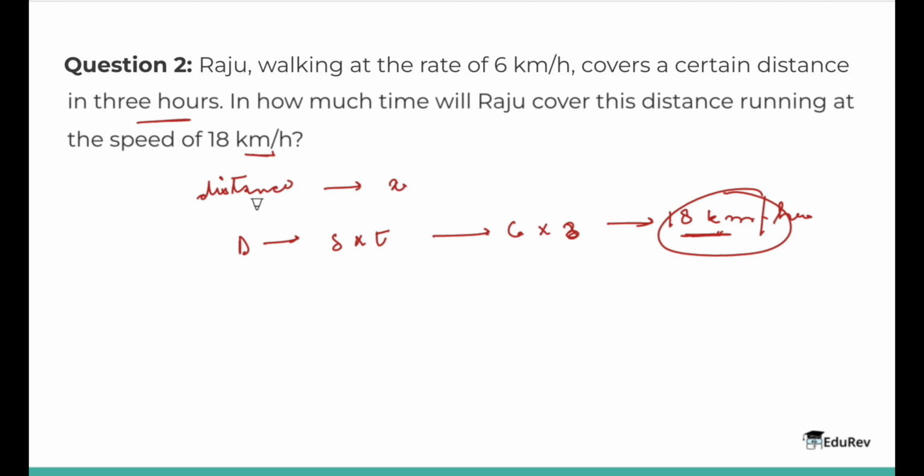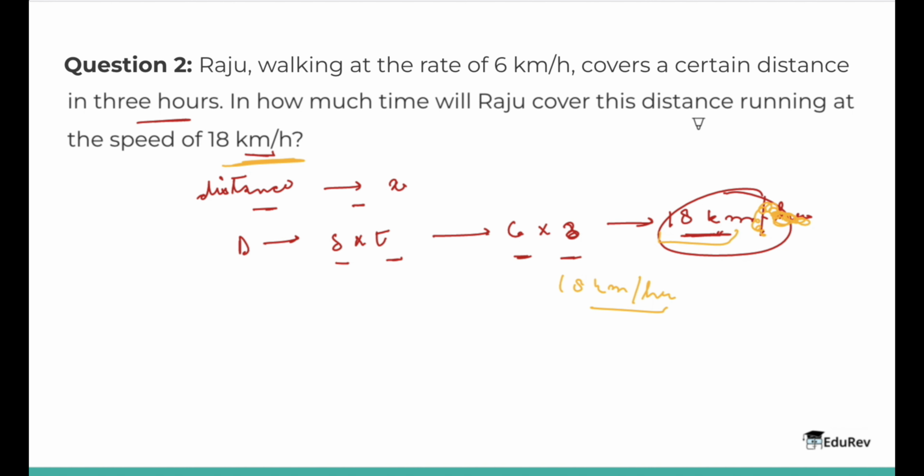I know that distance is x and distance is nothing but speed into time. So 6 into 3 is 18 kilometers, and 18 kilometers is your distance. When I say 18 kilometers per hour, that is the speed which was given. I'm not going to write it that way here, so that you people do not get confused.